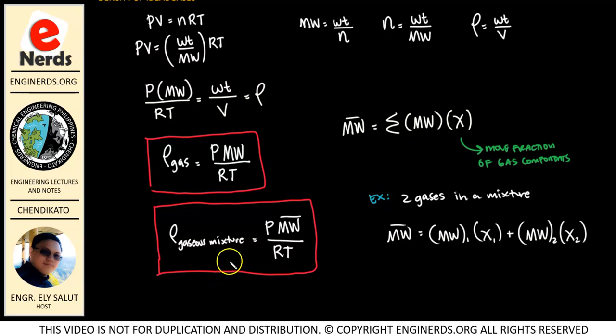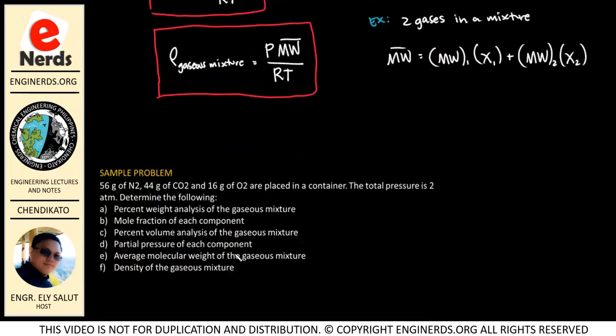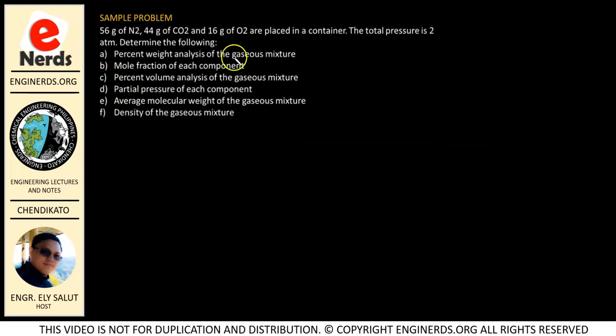So para mas maintindihan natin, katulad ng mga ginagawa natin sa previous videos, let us solve a problem. We have 56 grams of N2, nitrogen, 44 grams of CO2, carbon dioxide, and 16 grams of oxygen, and they are placed in a container. The total pressure is 2 atmospheres.